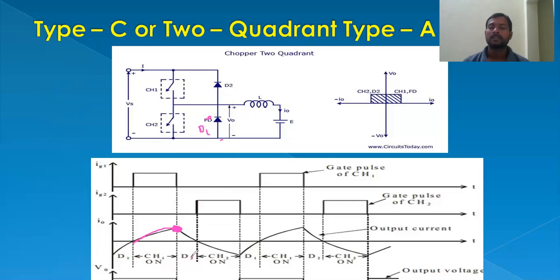While charging, the inductor terminals will be positive and negative, and this is the path of current flowing in this direction. Now the chopper is closed, and then the chopper is opened. What will happen? When the chopper is opened, the inductor changes its polarity to negative and positive.